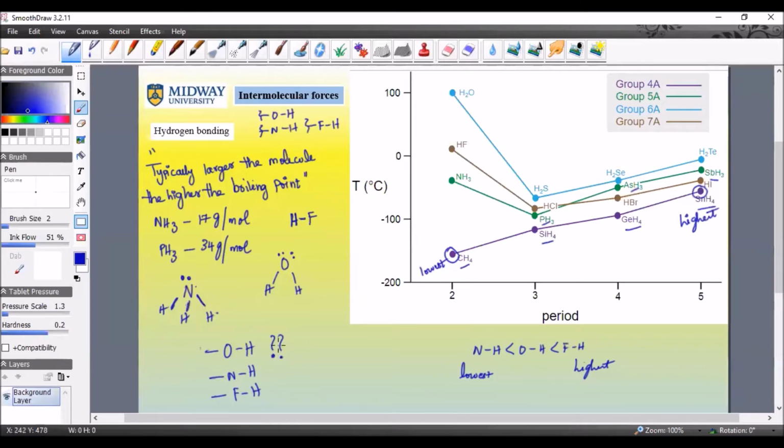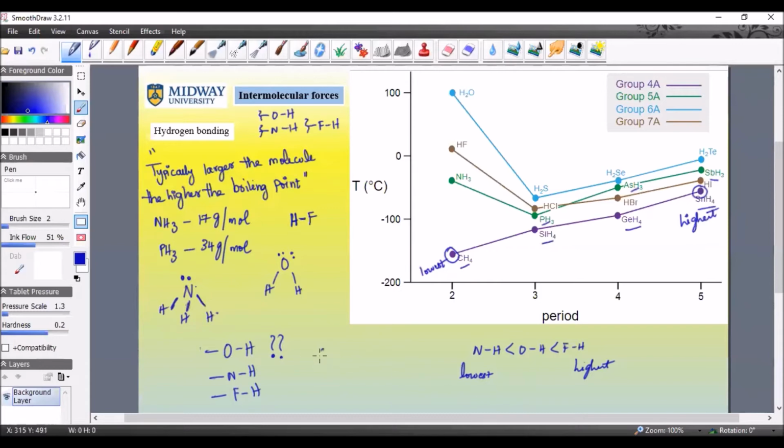And then you determine, say, if a molecule contains 2 OHs and then some contains 3, some contains 1, some contains 4, then the more the OH bonds, the higher the boiling point would be. That means it boils at a higher temperature.